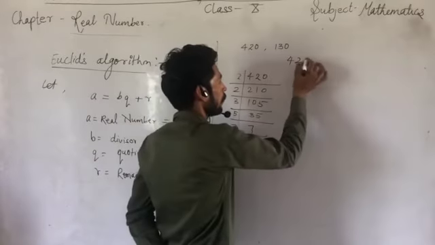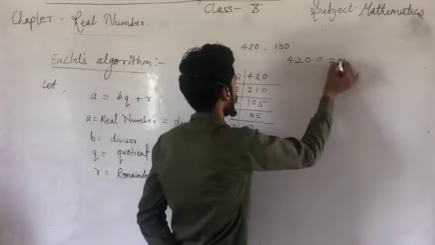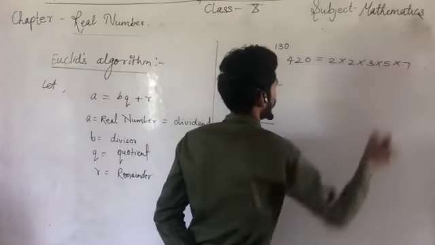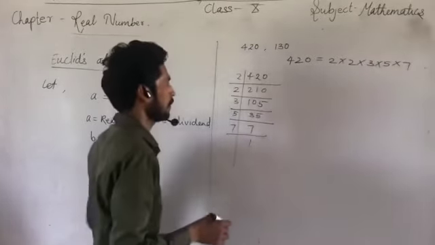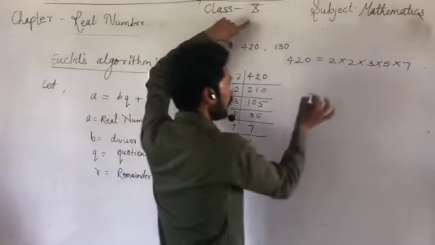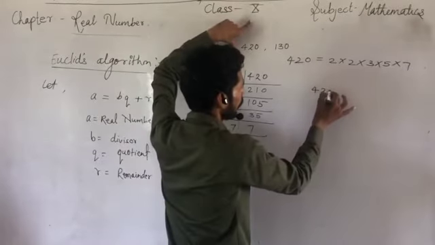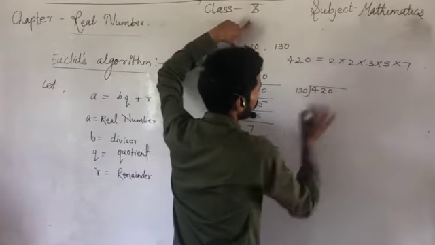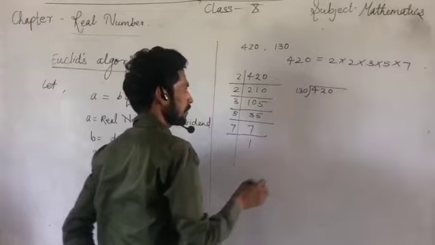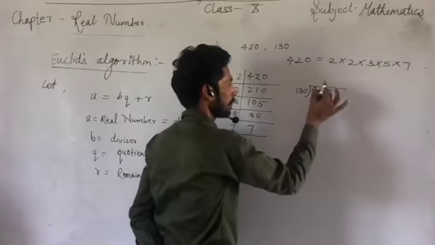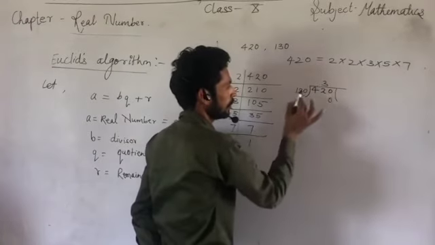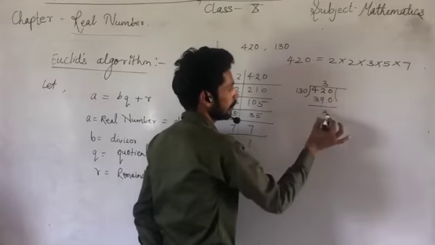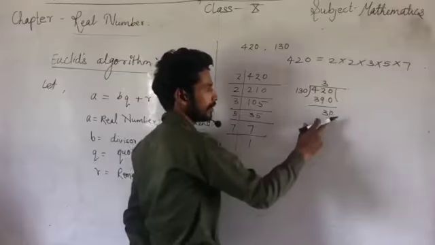So 420 is equal to 2 cross 2 cross 3 cross 5 cross 7. That is the factorization. But when we divide 420 by 130, 3 times, 3 threes are 9, 3 ones are 3. That means the remainder is 30.